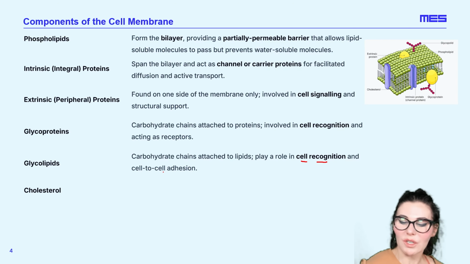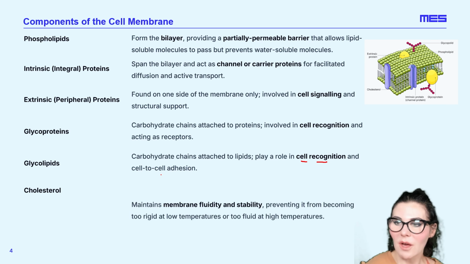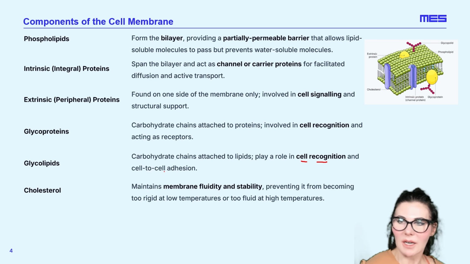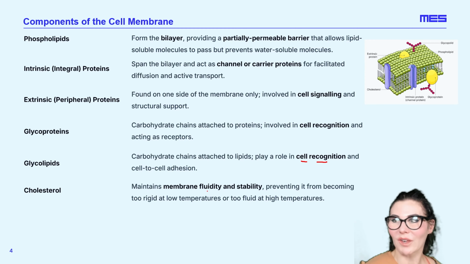Now, cholesterol, we're going to talk a little bit more about cholesterol in the video a little bit later on. But just to give the basic idea of what it's for, cholesterol is very important in controlling how fluid the membrane becomes. We don't want the membrane too rigid, otherwise things won't be able to get through. But at the same time, we don't want the membrane too fluid because too many unwanted things will get through.